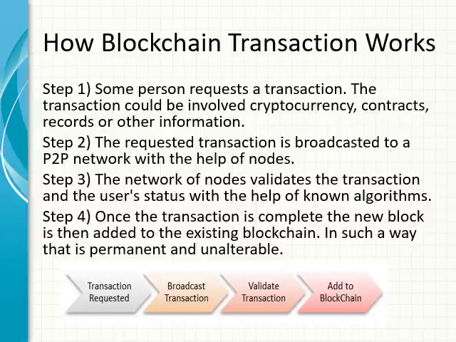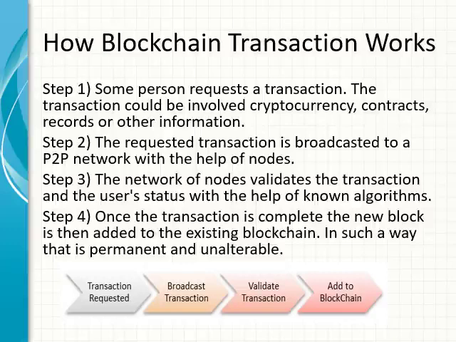The network of nodes validates the transaction and the user status with the help of known algorithms, and once the transaction is complete, the new block is added to the existing blockchain in such a way that the block becomes permanent in the blockchain. That block cannot be altered, it cannot be changed.